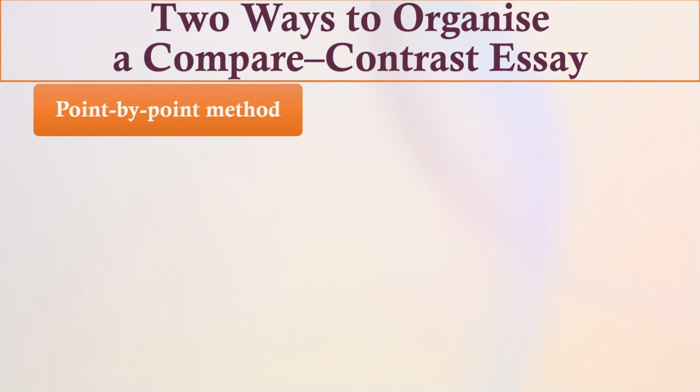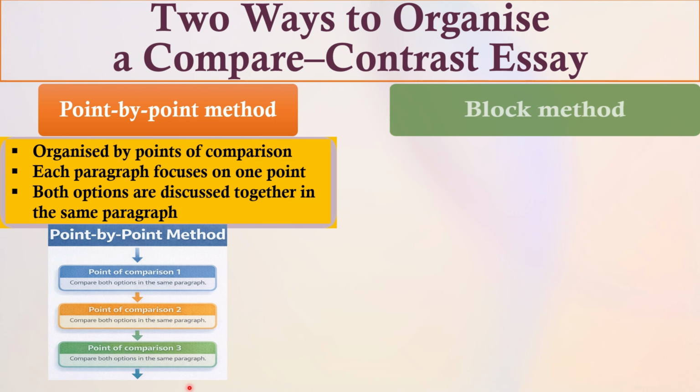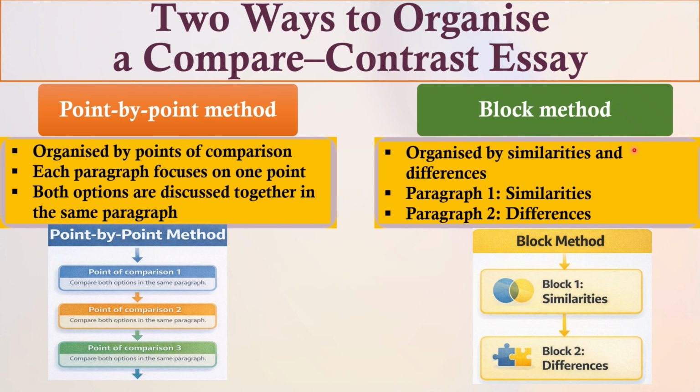In the point-by-point method, you organize your essay by specific points of comparison. Each paragraph focuses on one point, such as cost or portability, and discusses both options together. In the block method, ideas are organized by similarities and differences. One paragraph focuses only on similarities and the next focuses only on differences.